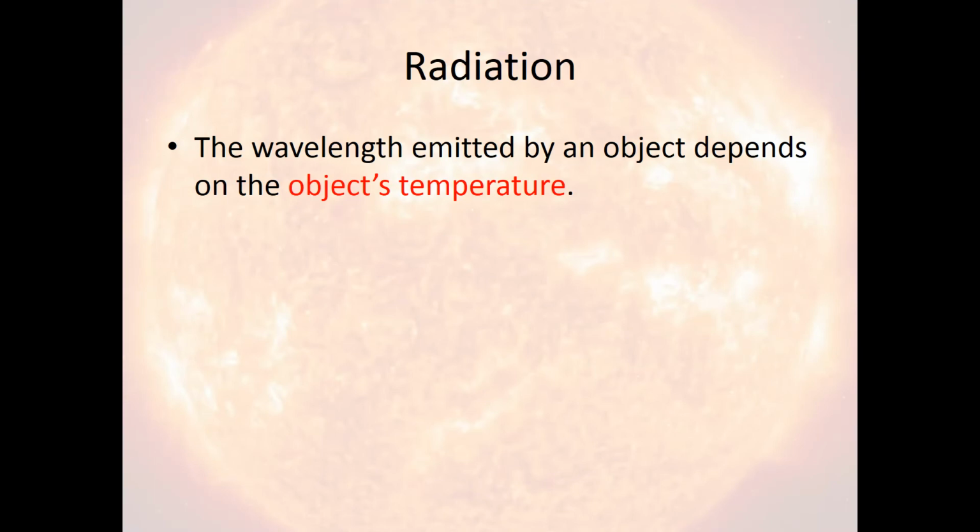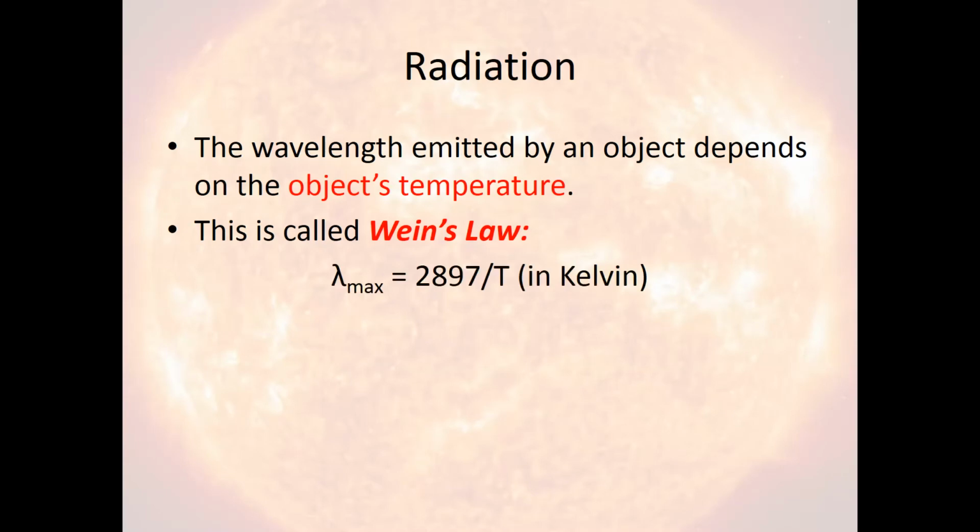Wien's law states that the wavelength emitted by an object depends on the object's temperature. And here's how Wien's law actually works. Wien's law is a simple equation. I won't make you memorize it, but it's there if you want it.